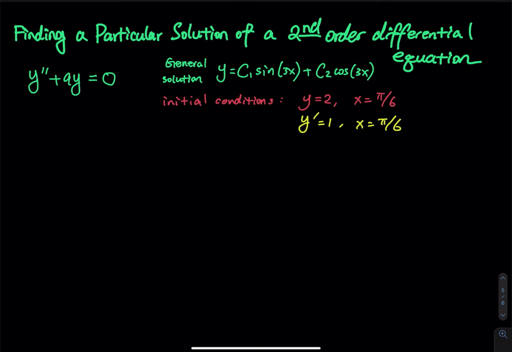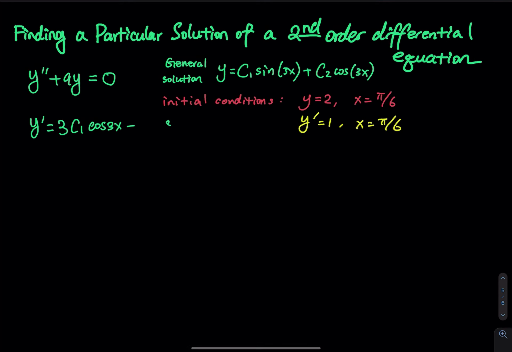So we have y equals that, and then y prime is equal to c1 sine of 3x. The derivative of sine is cosine, so we have cosine of 3x, and by chain rule, when you take the derivative of 3x, that is equal to 3, right? So we have a 3 in front of the c1, and then plus the derivative of cosine, which is negative sine, so the plus becomes a minus.